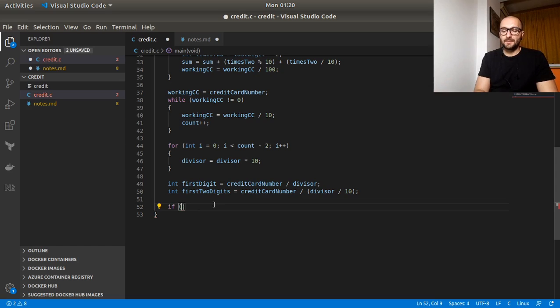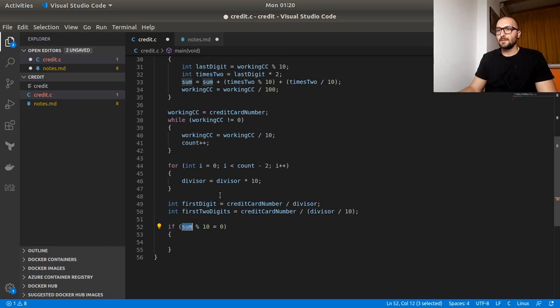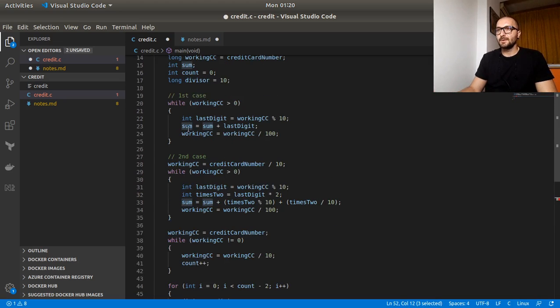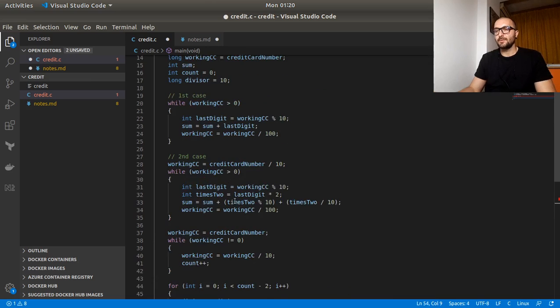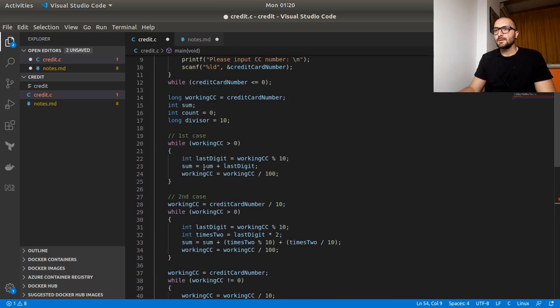So if sum modulo 10 equals 0, so this is the main condition. Sum modulo 10, what's wrong here? Oh, there's some issue. Must be a modifiable lvalue. I'm not sure what that is actually. Let's have a look. And sum.